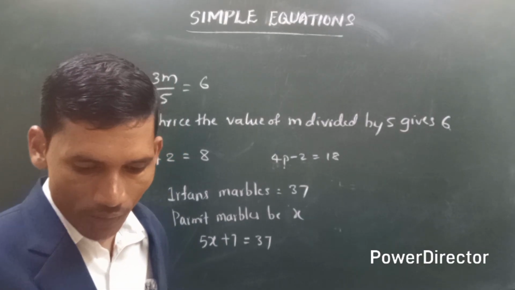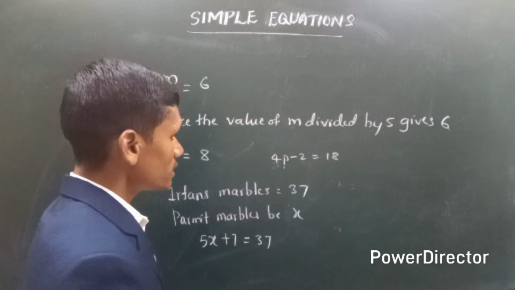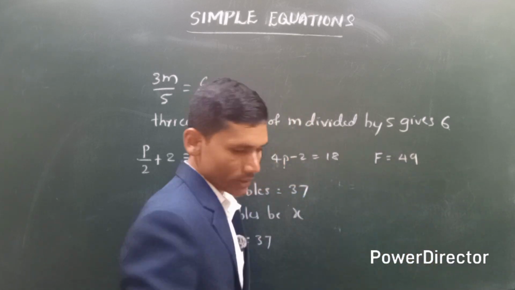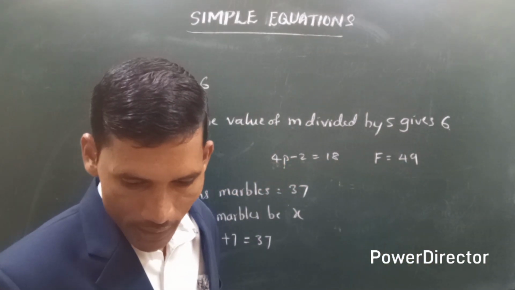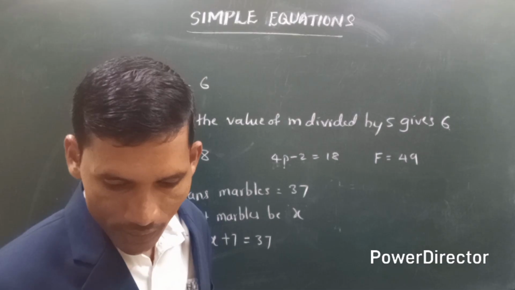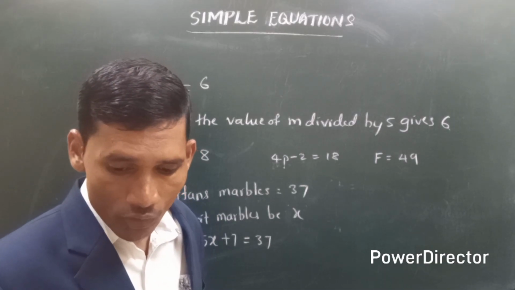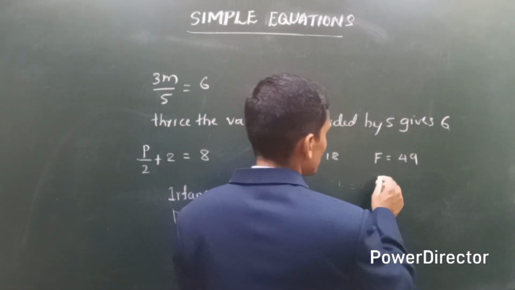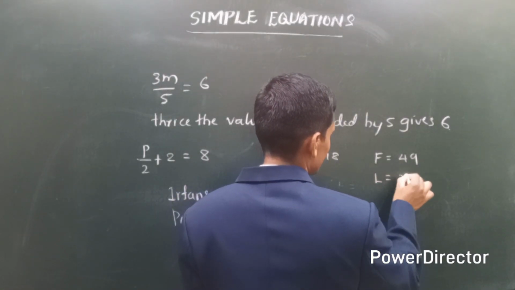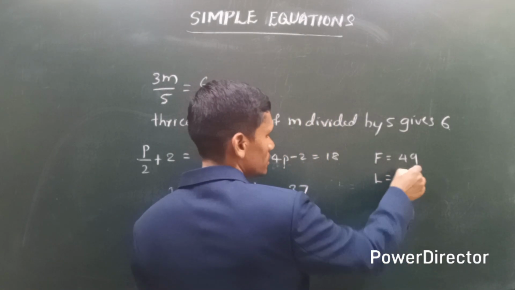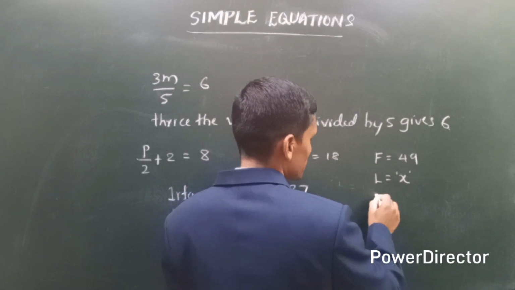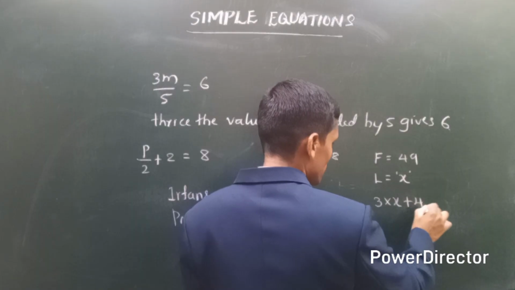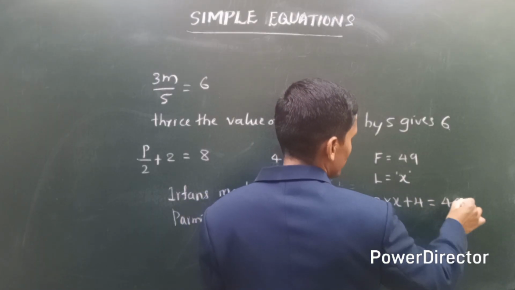Lakshmi's father is 49 years old. The father's age is already given. What are they saying here? He is 4 years older than 3 times Lakshmi's age. Let Lakshmi's age be x. 3 times Lakshmi's age plus 4 is equal to the father's age, that is 49.